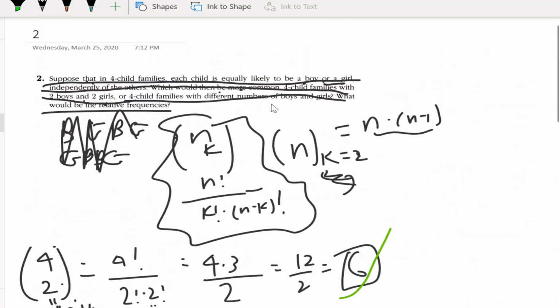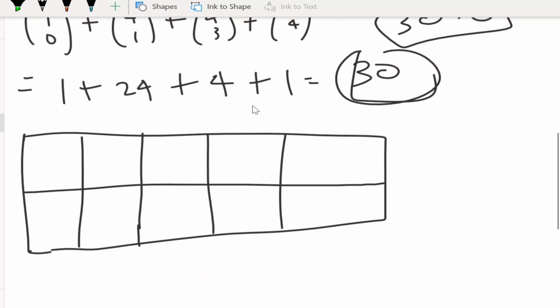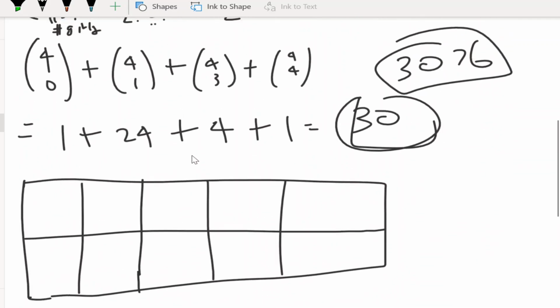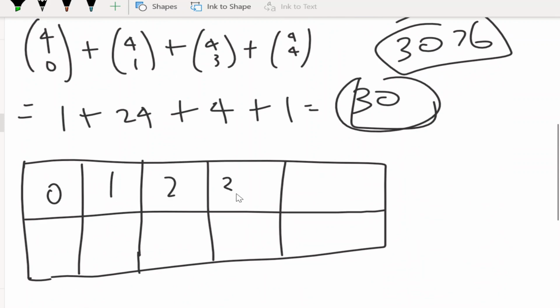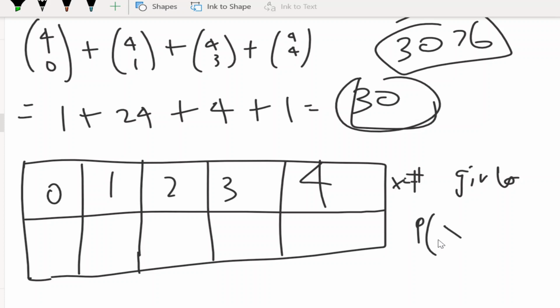I'm assuming they want us to do it separately rather than just either or, so I'll do it for each number, where this is the number of girls, this is P of X equals k, and these values are k. Sorry, this is really badly labeled, but it's fine.